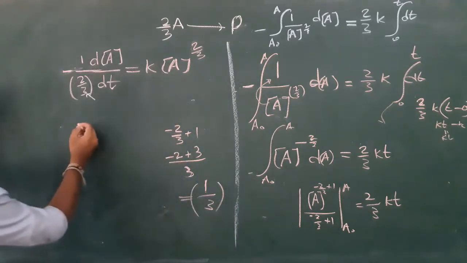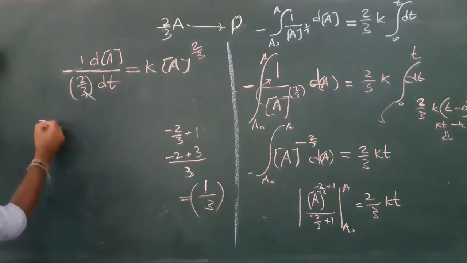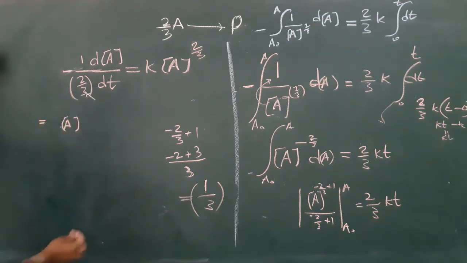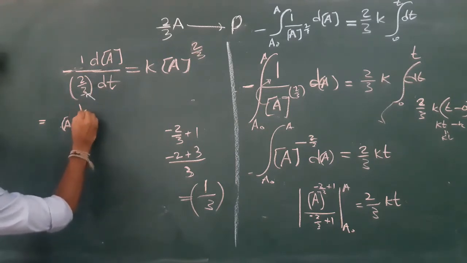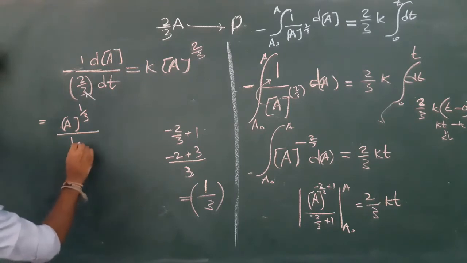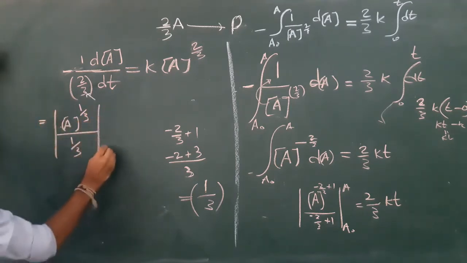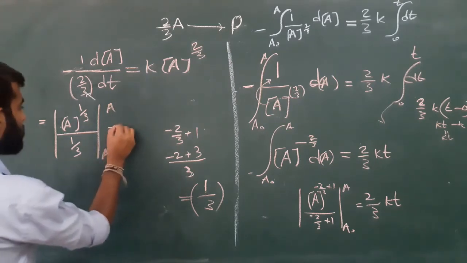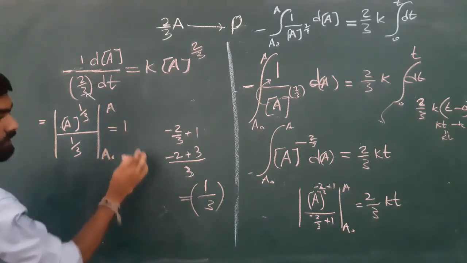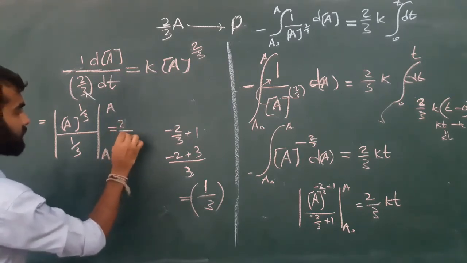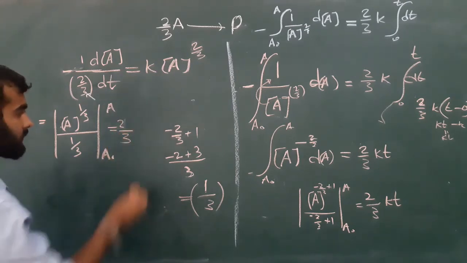Now A to the 1 over 3 and the lower part also 1 over 3, A naught to A, equals here 2 over 3 kt.